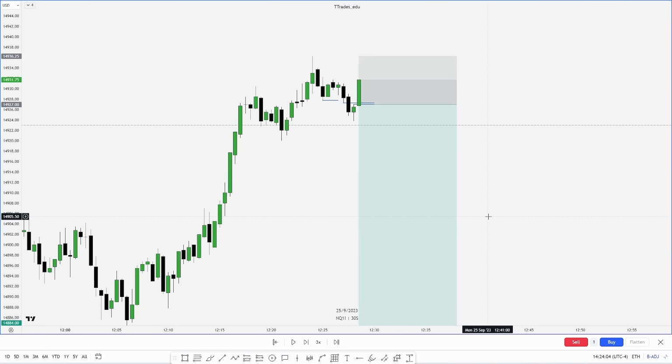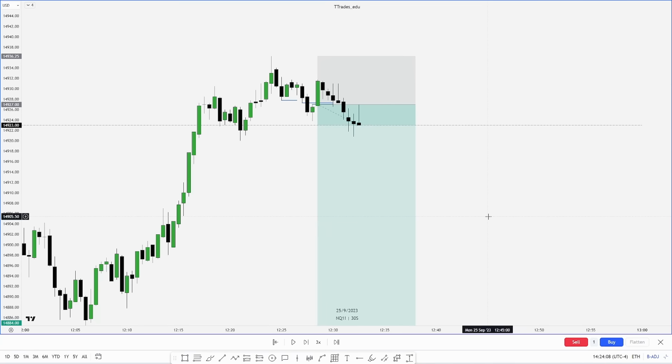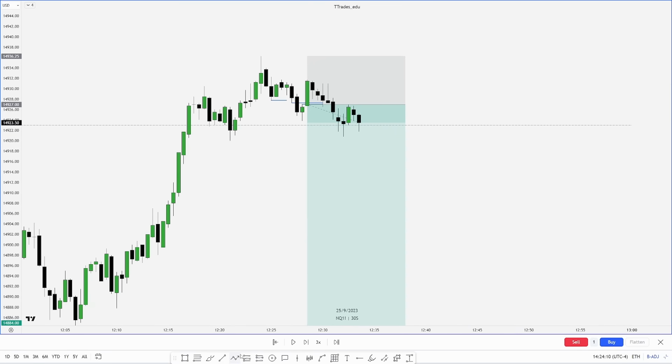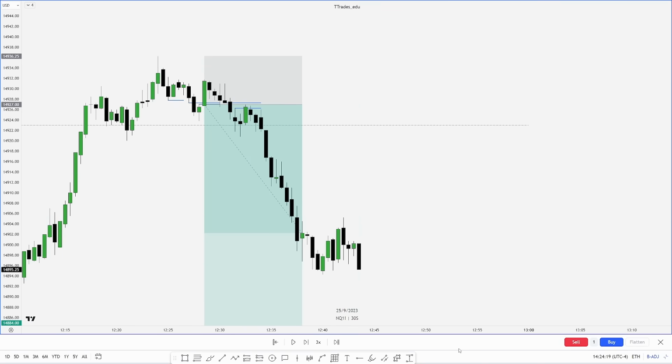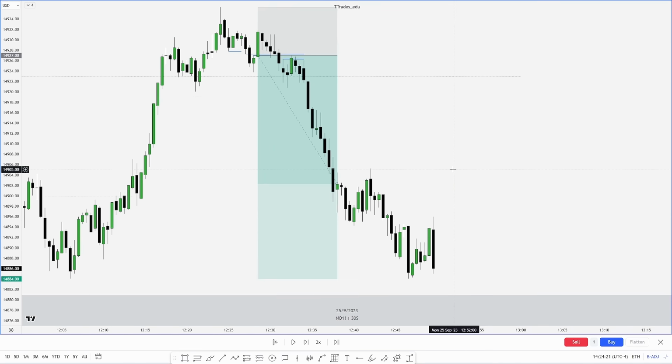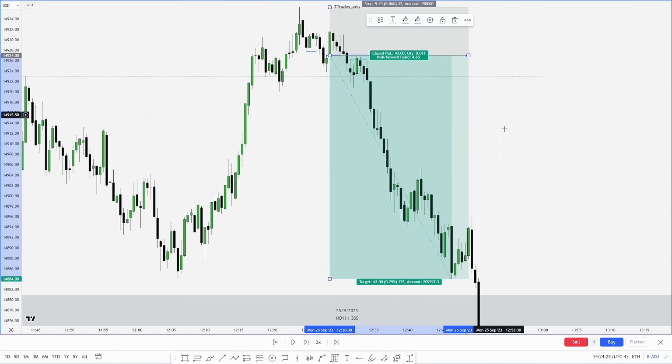So let's see what happens. And you can see there's that second fair value gap entry. And there we go, we hit our TP.